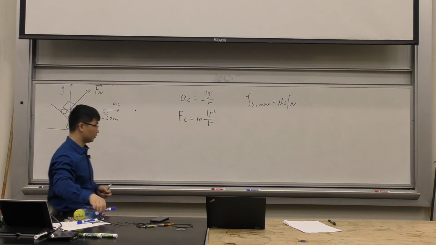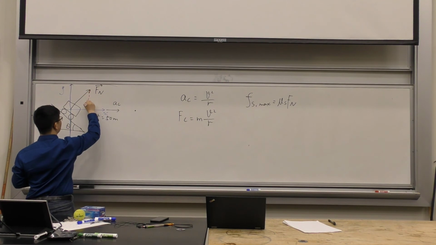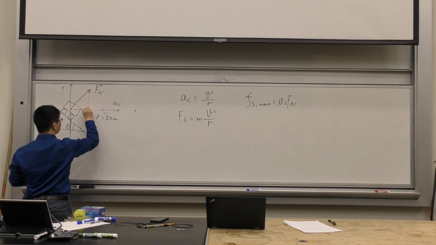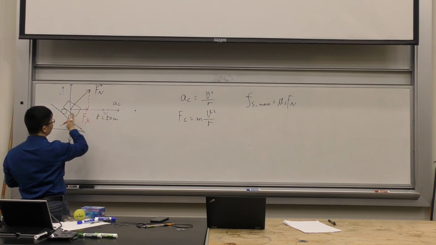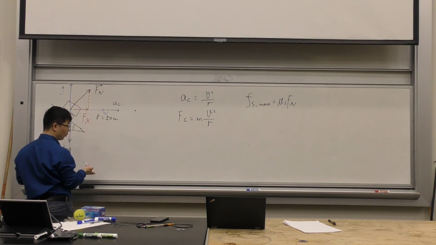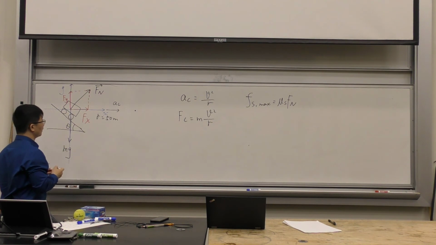Now let's break this normal force, okay? If you break this normal force, you can see that it's going to have an x component, right? Because now the normal force is not straight up, it has an angle, so it will have an x component in that direction. It will also have a y component straight up, right?